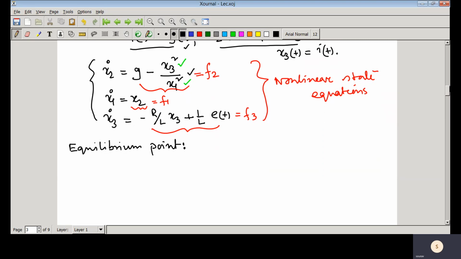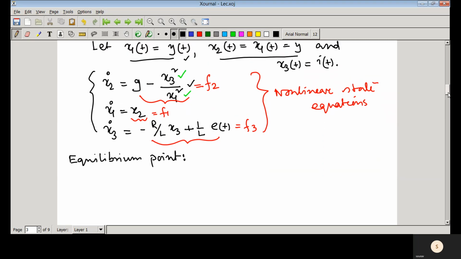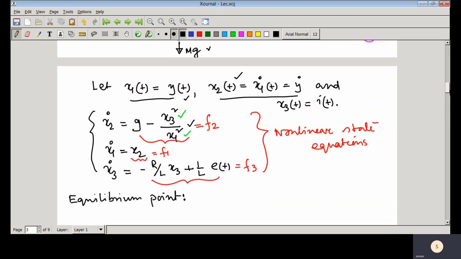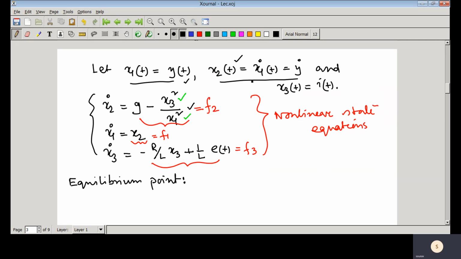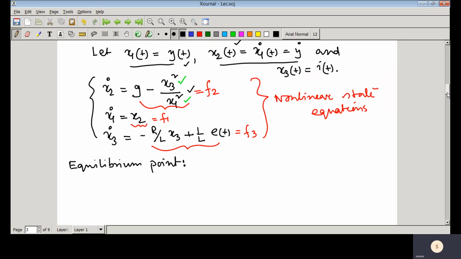So if we put x1 dot equal to 0, that implies x2 equals 0. This is indicated for the equilibrium point as x2 0.